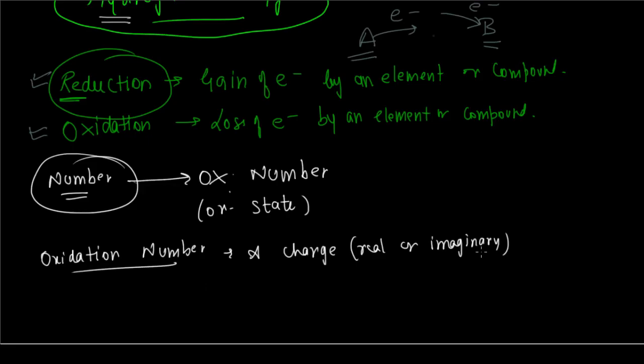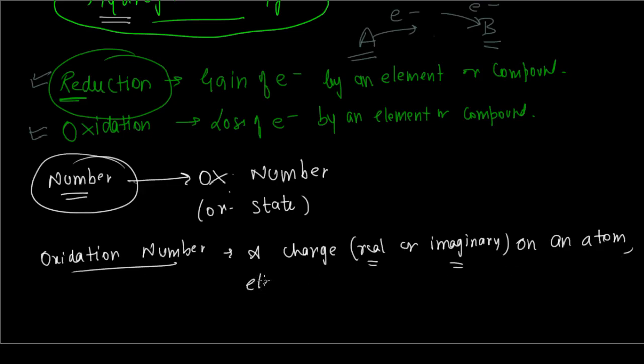But in some particles such as ions, polyatomic or monoatomic ions, the charge is real because they have lost or gained electrons, right? So in that case, that real charge will be the oxidation number. But in the imaginary case, there are some rules we'll need to follow, which we will study just a bit later.